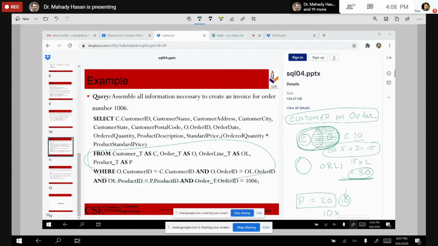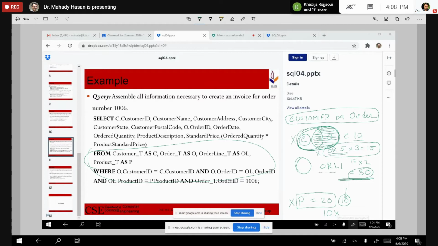Are you following? Yes, sir. So which N have we used? The order line. It's not N for product, it's not N for customer, and of course it's not N of order.